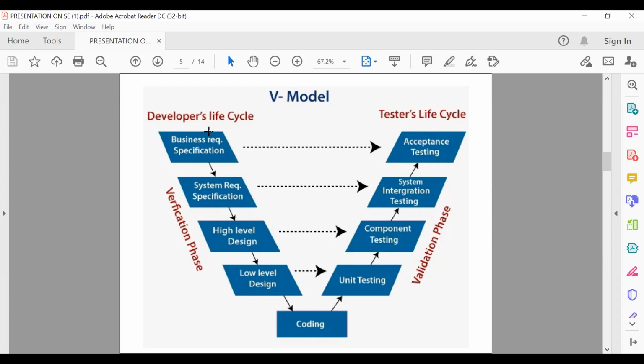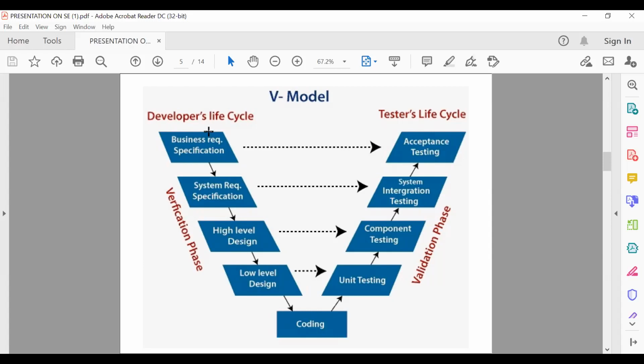Now our developing engineers will create the system requirement specification, simply SRS, and give this to the testing engineers, who will check whether system integration is available or not, like whether all the systems are available to create the software or not.